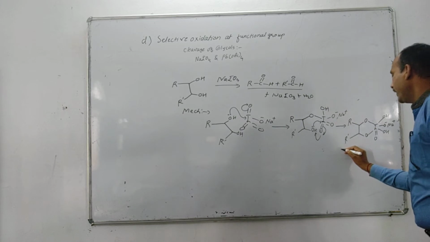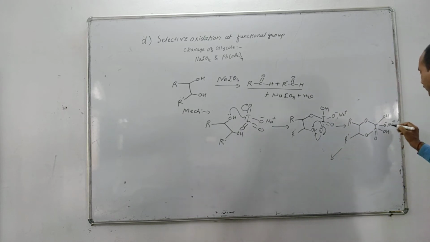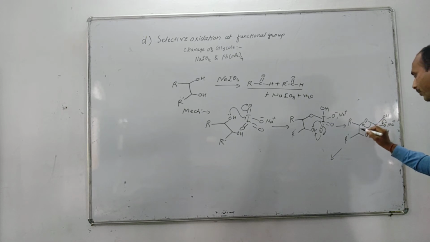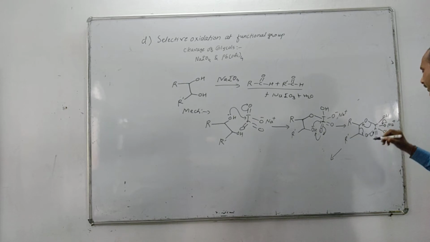Now again there is cleavage. This O minus goes to here. This breaks down the IO bond, with formation of C double bond O, breaking of this bond, formation of C double bond O, and there is again a retention of lone pair.